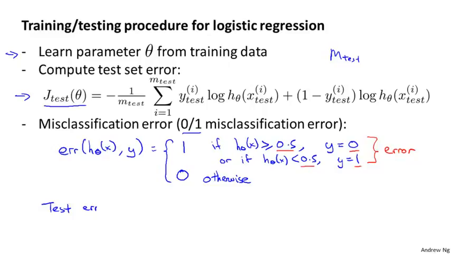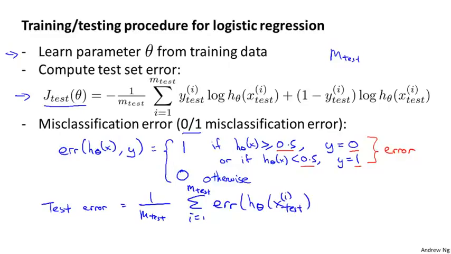We could then define the test error using the misclassification error metric to be one over m subscript test, the sum from i equals 1 to m subscript test of the error of h of x_i test, comma y_i test. And so that's just my way of writing out that this is exactly the fraction of the examples in my test set that my hypothesis has mislabeled.